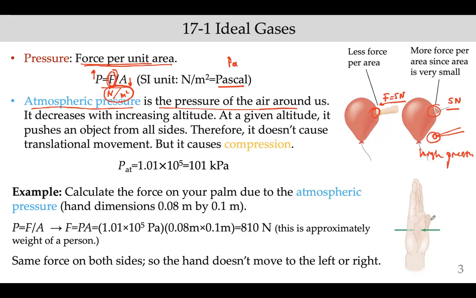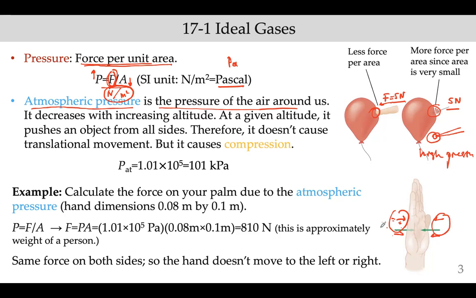So if you think about your hand or your whole body, the particles of air are hitting your hand from both sides. So they basically impart momentum on your hand. But the impact from these particles is to the right, and from these particles it's to the left.